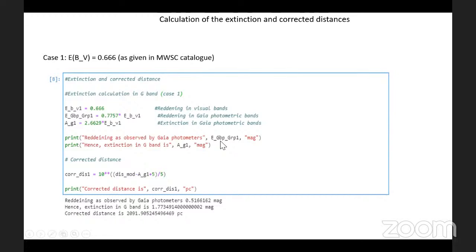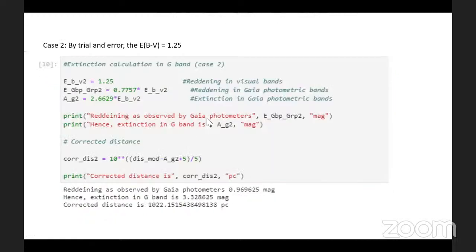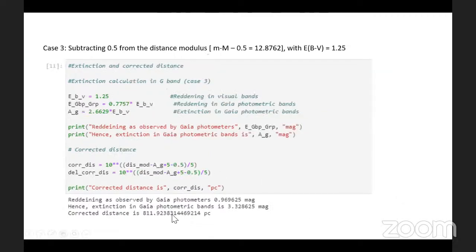But going ahead, we see that with the 1.25 E(B-V), we get a much lesser distance, around 1022 parsecs, 1 kiloparsec. And if we subtract from the distance modulus, then it reduces much more to 811 parsecs.